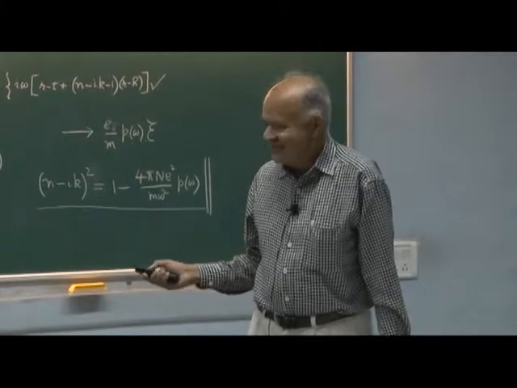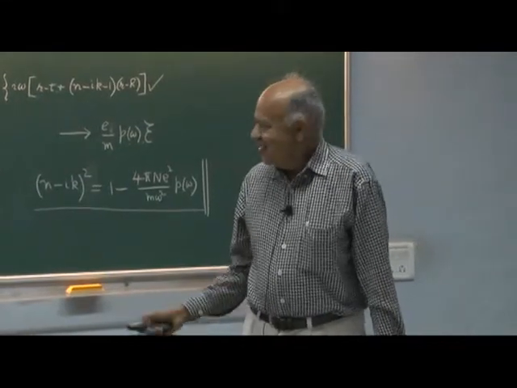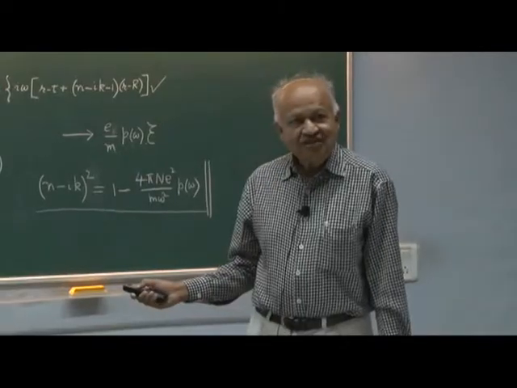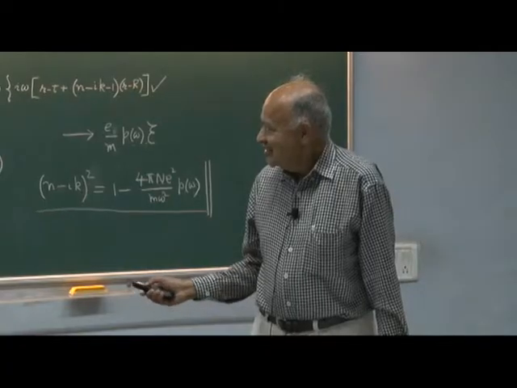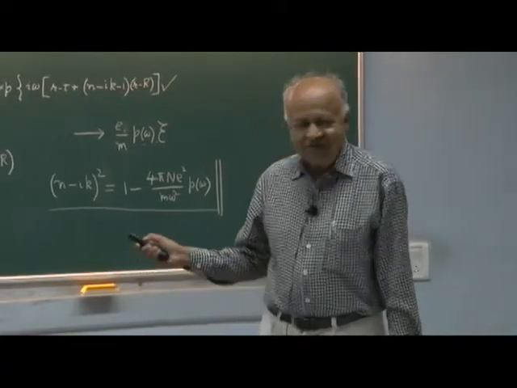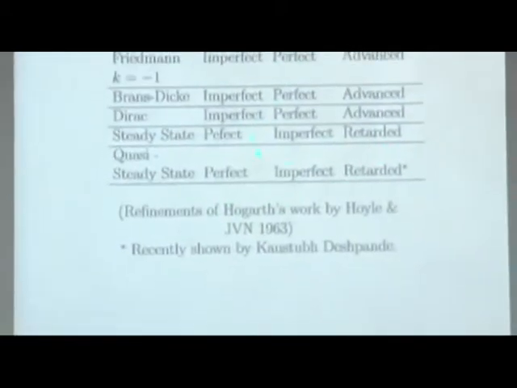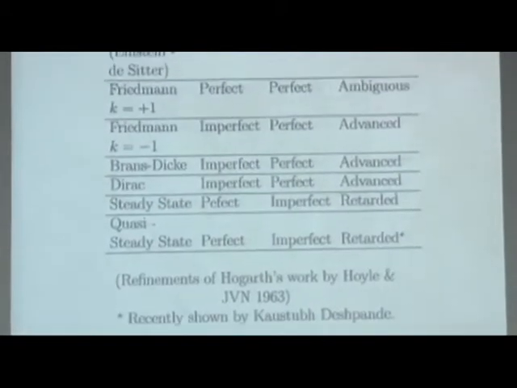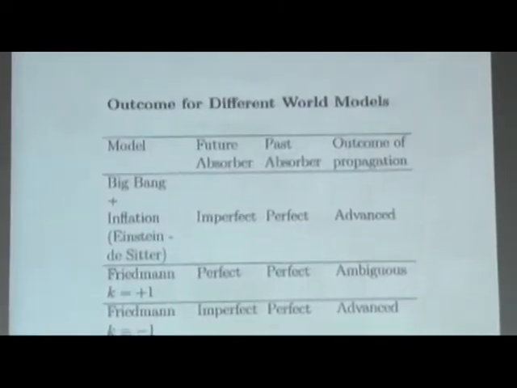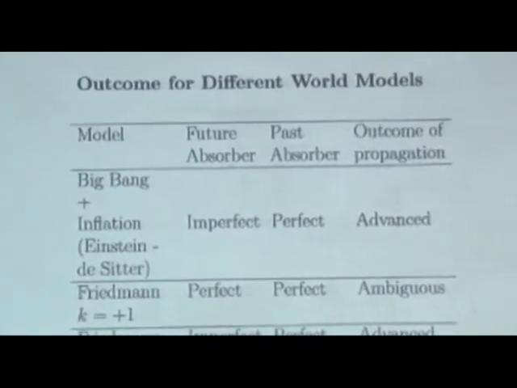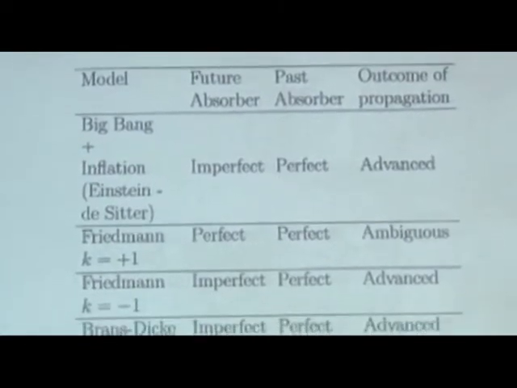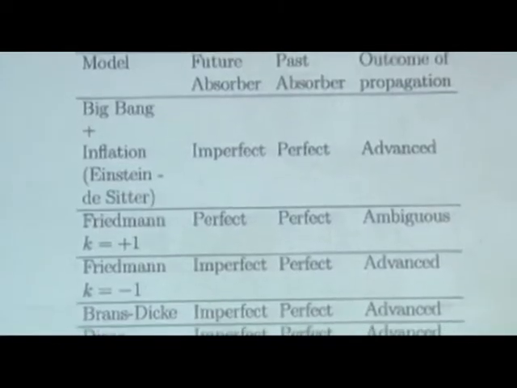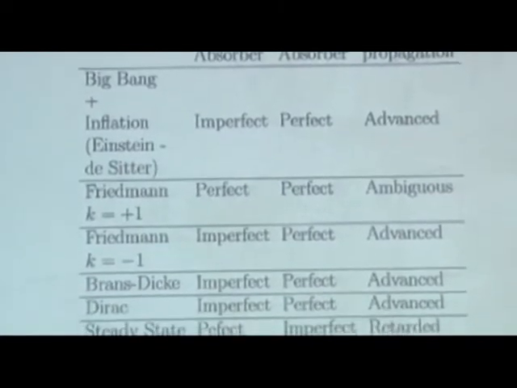So what I want to do tomorrow, no, not tomorrow, the next lecture, is bring these cosmological implications more closely into the picture and see what they suggest. There are various results written here. These are different cosmological models, and models that were known in those days with some slight renaming.